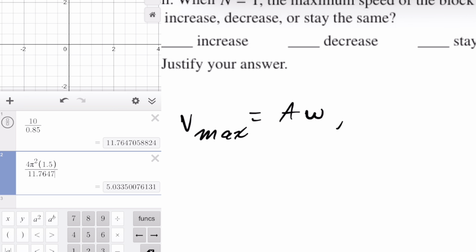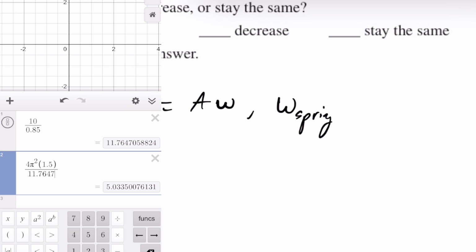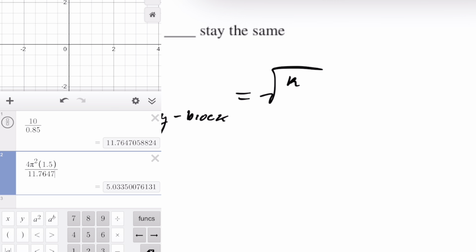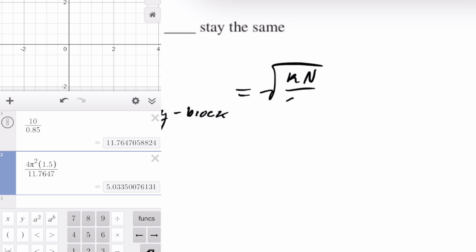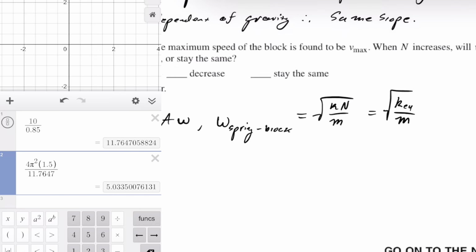So what's the angular frequency of a spring-block system? Omega of a spring-block system is the square root of the spring constant over m. In this situation, the equivalent spring constant would be kn, so omega equals the square root of kn over m, which is equal to square root of k_eq over m. I'm just pointing out that this is how the equation works, right?